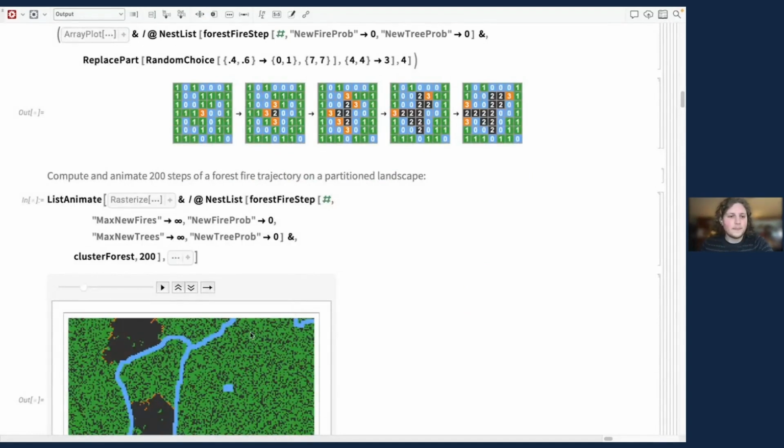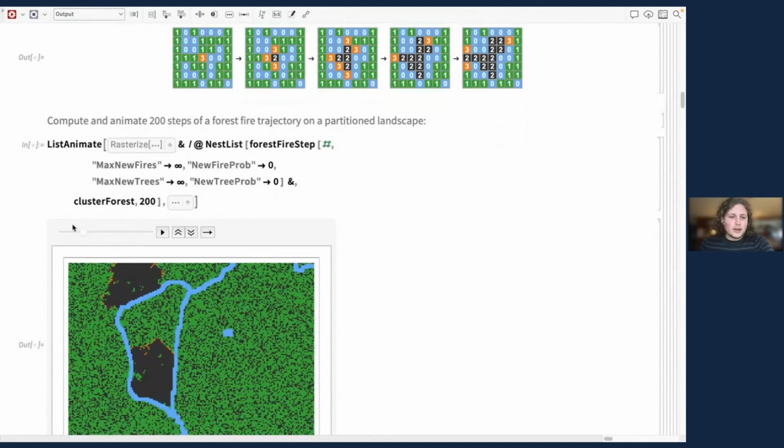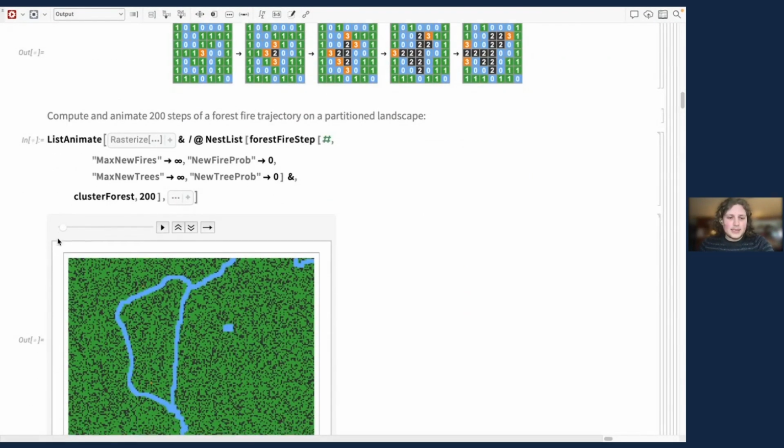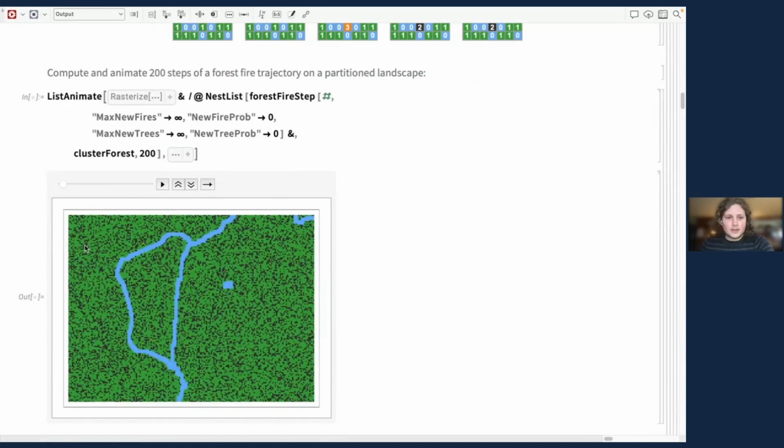outward way. So here I've got a little landscape that I've made up with some rivers in it and some clusters of trees. This is a fairly dense forest. The only real separation between clusters is the rivers.